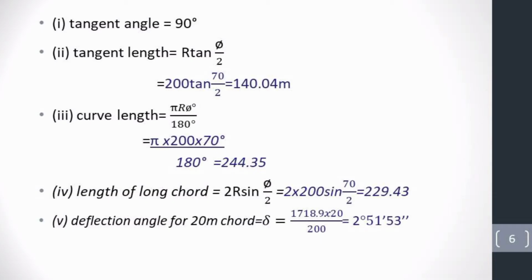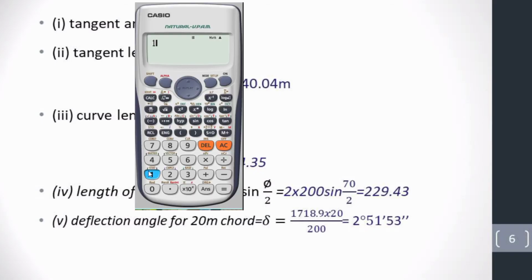By the use of a formula obtained in the calculation of the curve by the deflection angle method, we have that simple formula: 1718.9 times the 20 meter chord over r, that is the radius, which is 200 meters.